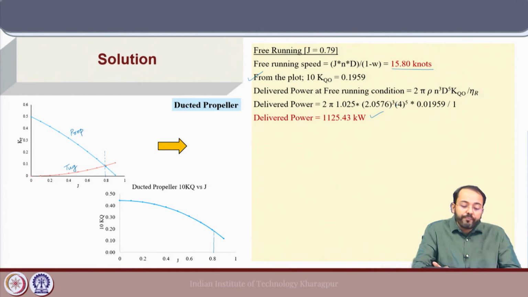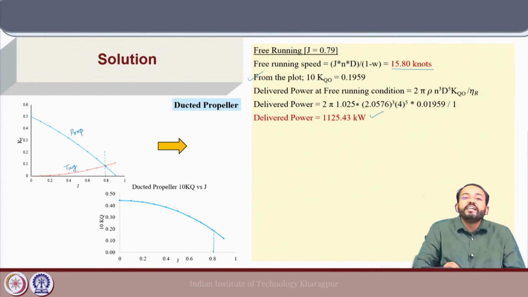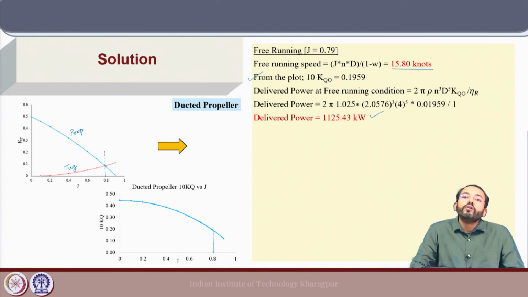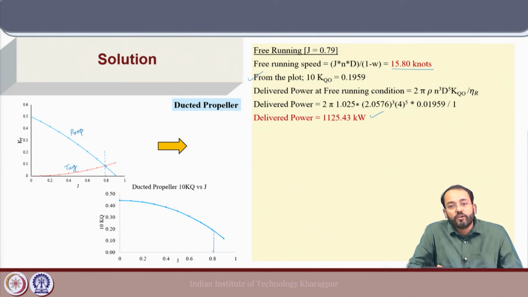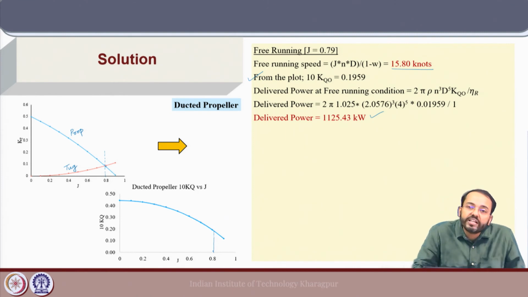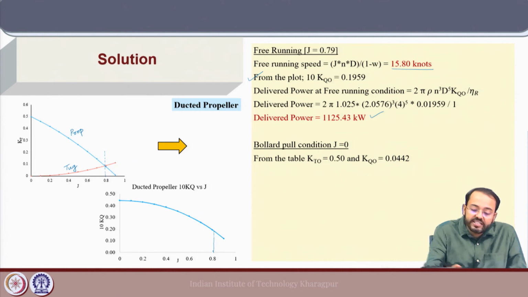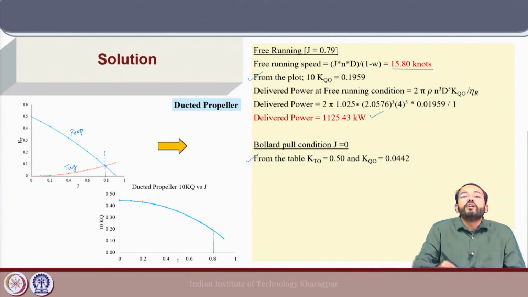Because in the free running condition the value of J is quite high, which means the propeller loading is low, the ducted propeller will be less efficient as compared to the open propeller, and that is why the power requirement is high.